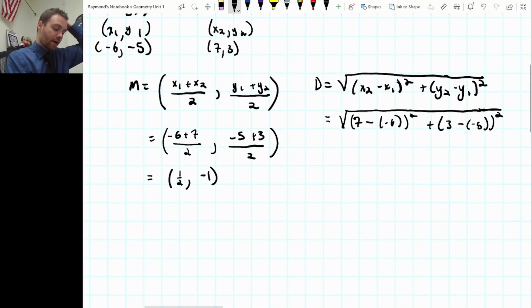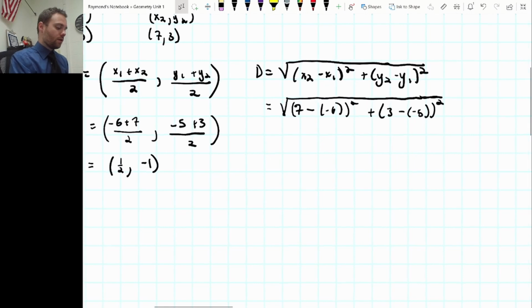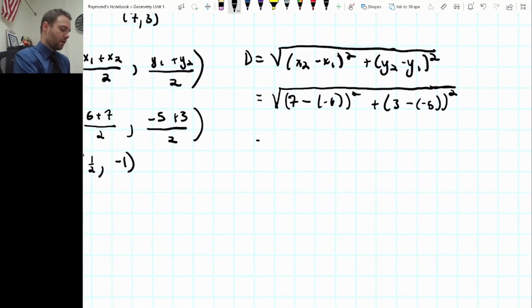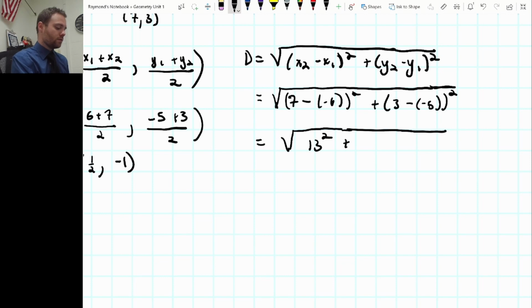That's all underneath the radical. Order of operations says I do parentheses first, what's inside the grouping symbols. So 7 minus a negative 6 is 7 plus 6, which becomes 13 to the power of 2, plus 3 minus a negative 5, keep change, 8 squared.